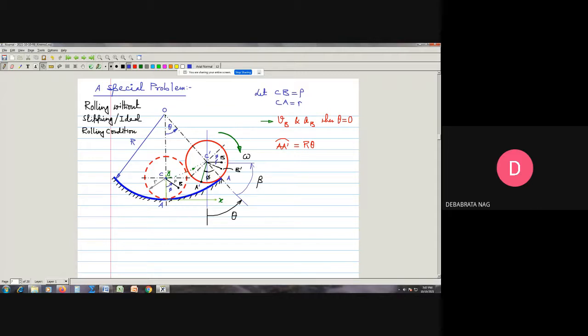Since point A has not come to its proper position, what is to be done? At this point you just give a rotation so that this line segment C dash A comes to its desired location, that is C dash A dash.